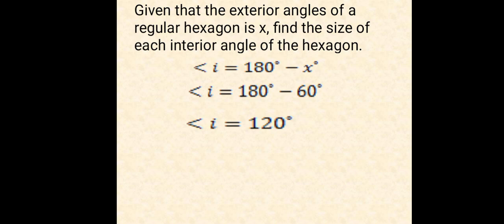The exterior angle you have been given is x, so 180 minus x is equal to 180 minus 60, which is equal to 120. So the size of the interior angle of a hexagon is 120.